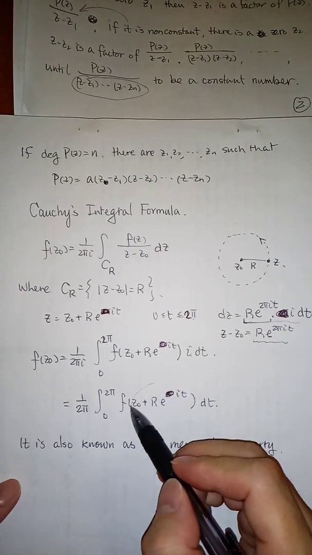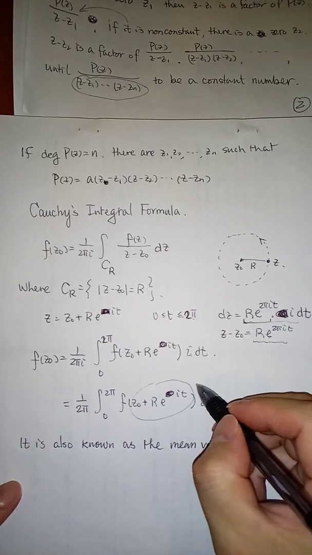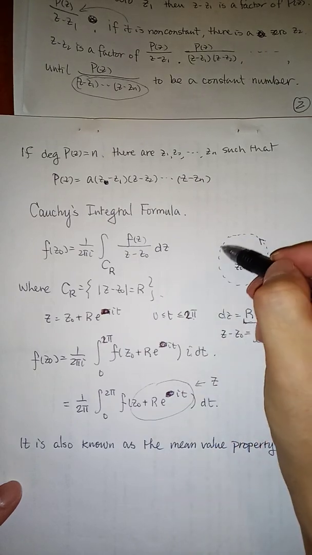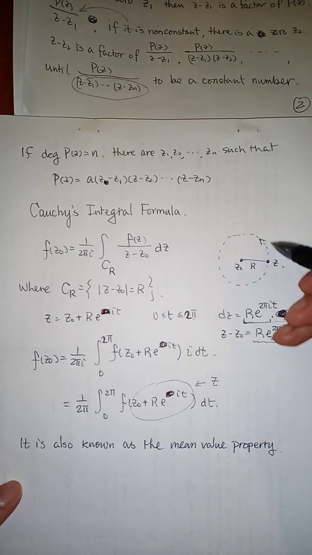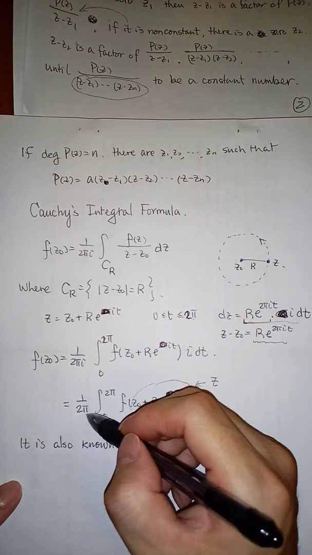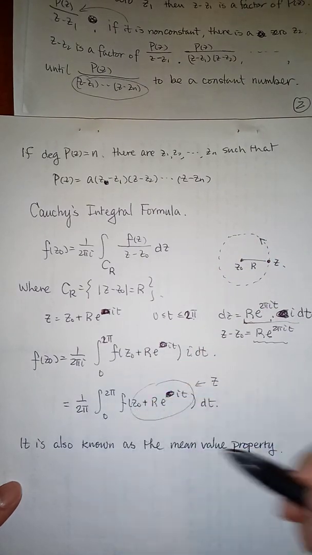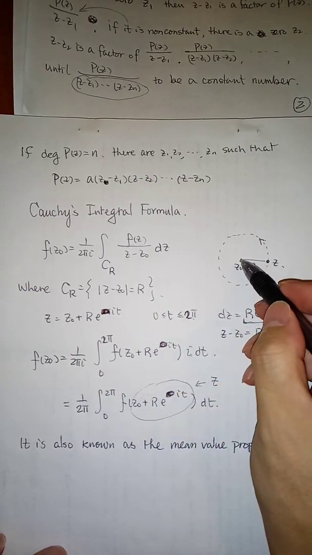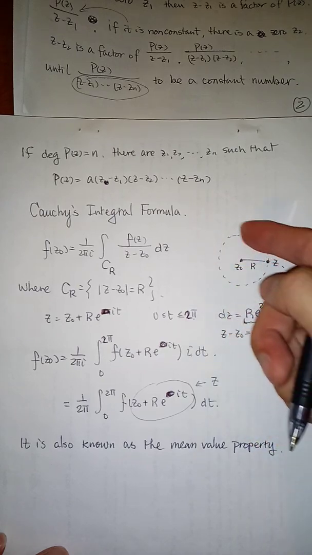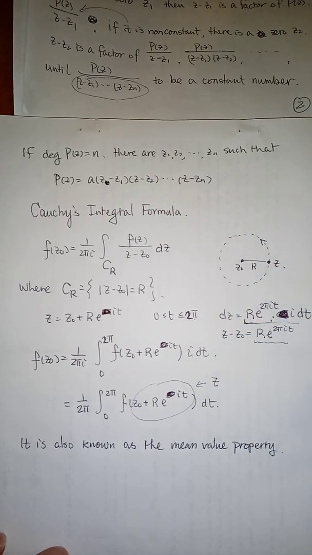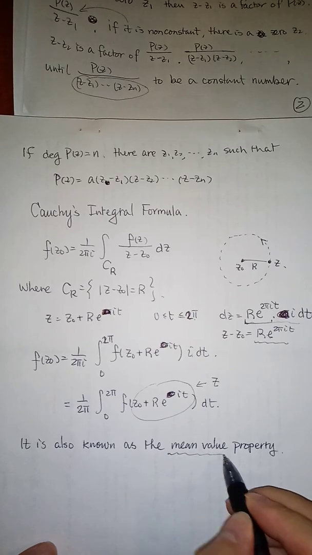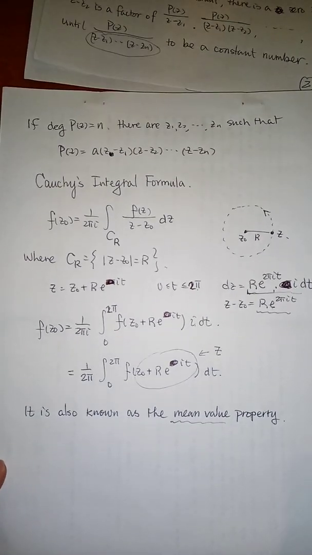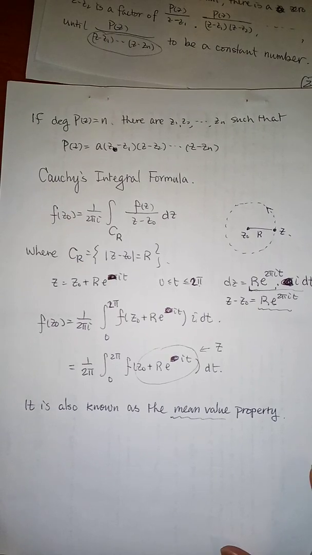The input is z. You integrate the function along the circle and divide by 2 pi. Then you get the value at the center. It's kind of your average: you average the boundary, you get the center. That's why it's called the mean value property, the average property of an analytic function along the circle.